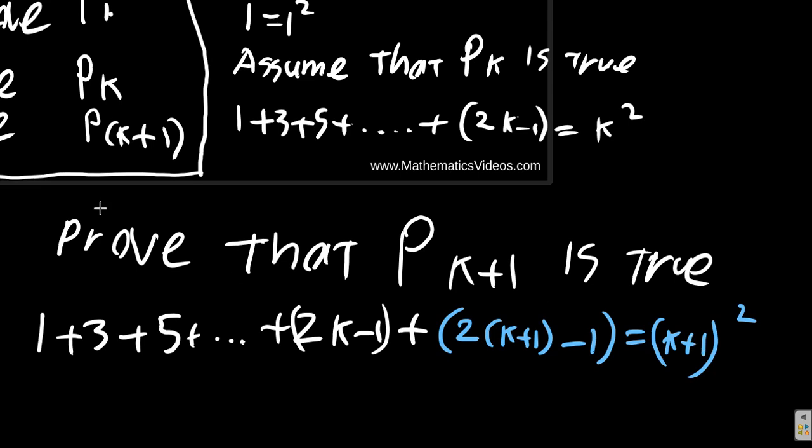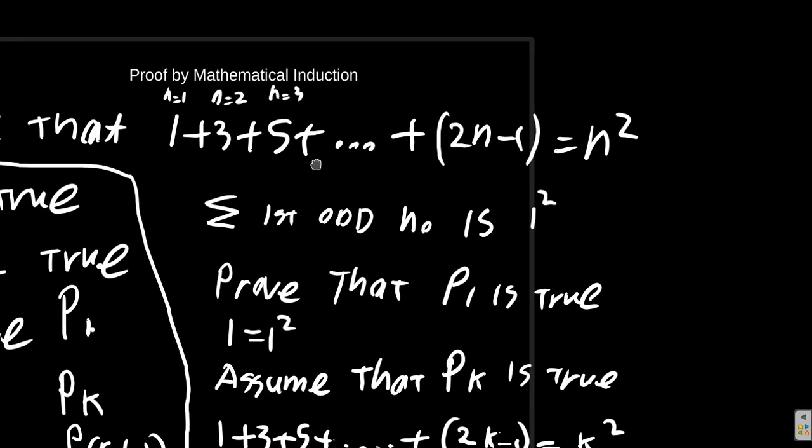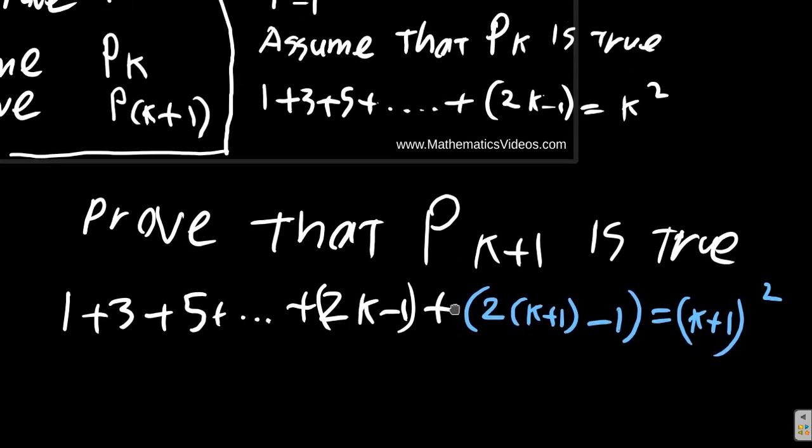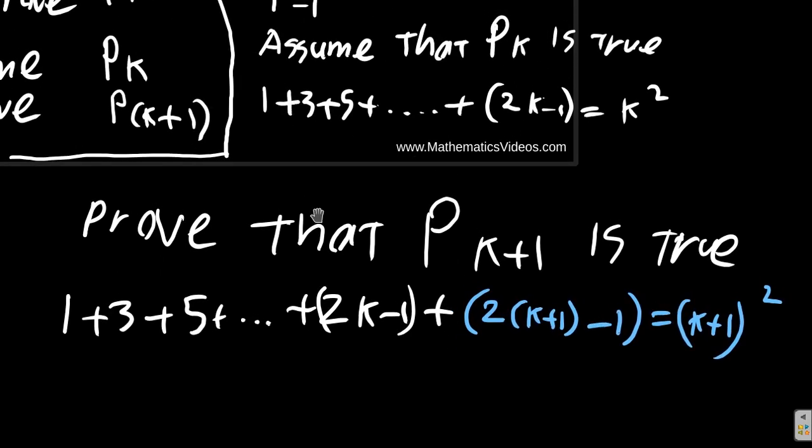Alright? So notice this part here, the 1 plus 3 plus 5 and so on plus 2k minus 1, is like this part that you were given, 1 plus 3 plus 5 plus 2n minus 1 equal to n squared. Now, it is also like this part. You have 1 plus 3 plus 5 plus that plus 2k minus 1.